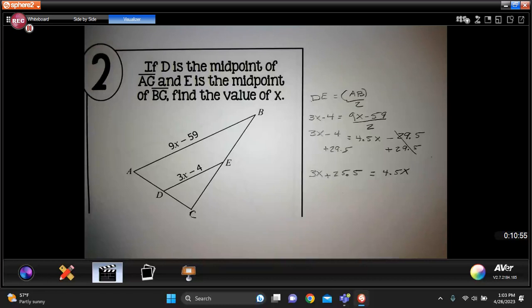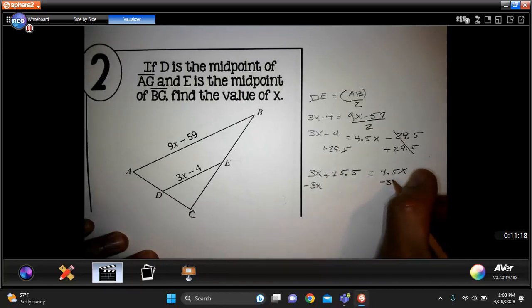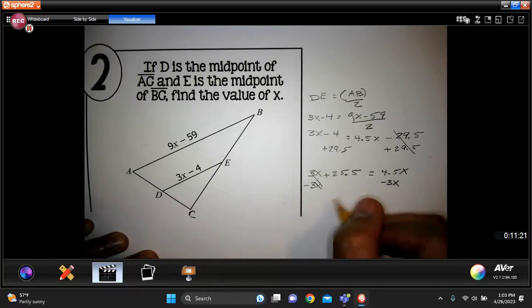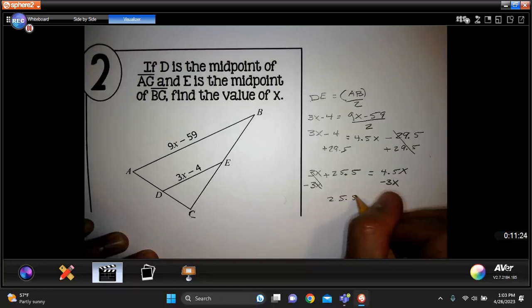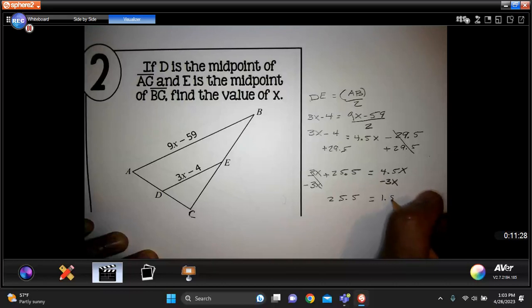Make sure you write it down. Now I will take away the 3x on both sides. This is going to cancel, so I'm going to have 25.5, and then we got 4.5 minus 3, and that's going to be 1.5x.